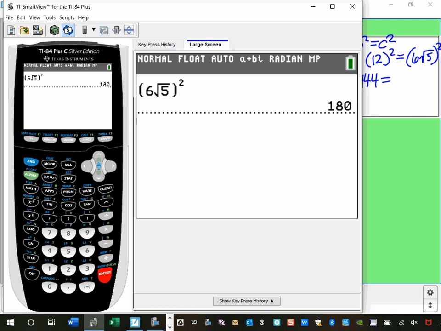Because it's not showing, this one's a little different. In your calculator it makes you have to put 2 parentheses. If you're getting 30, put 2 parentheses after the 5, that'll fix the issue. You should get 180.